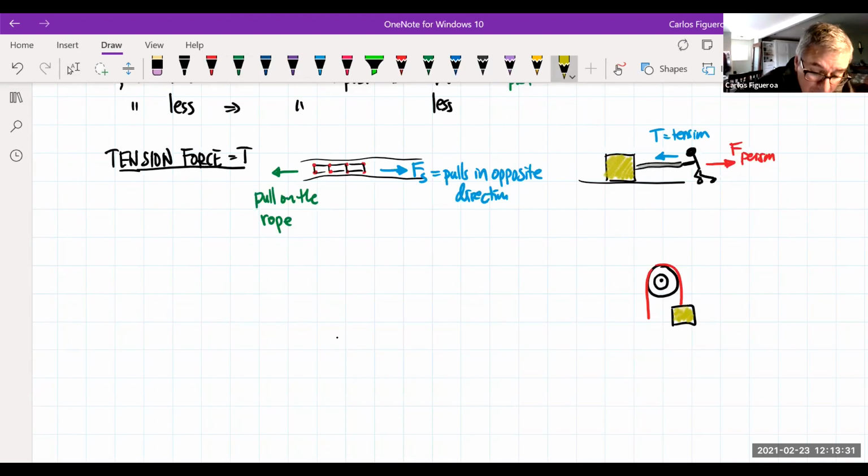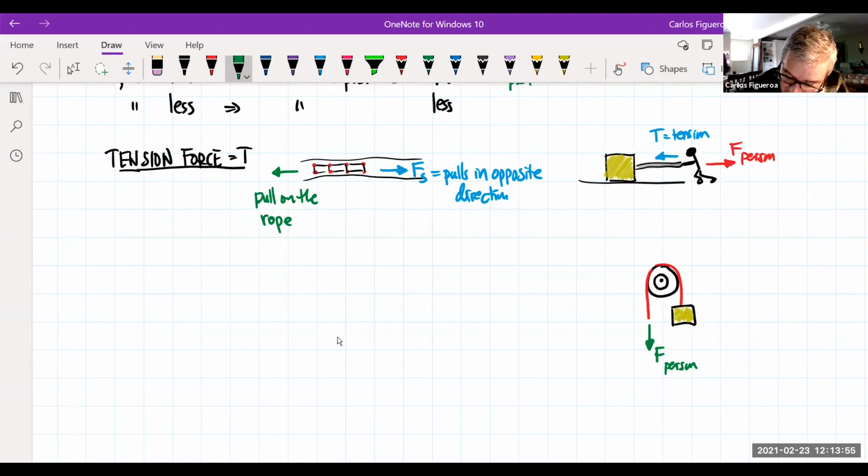If I pull with the force downwards, I'm pulling on this rope, and let me say this is the force of the person pulling down. As they pull down, look what happens.